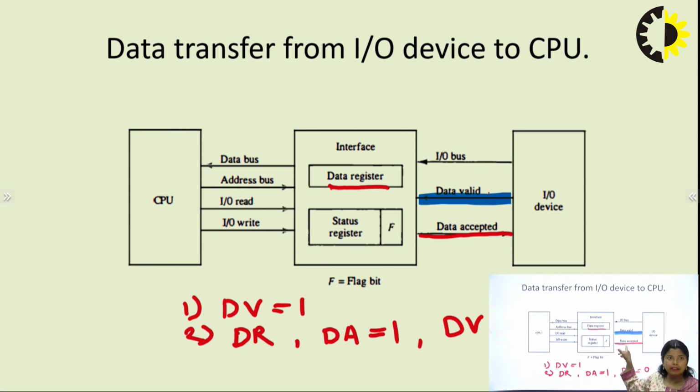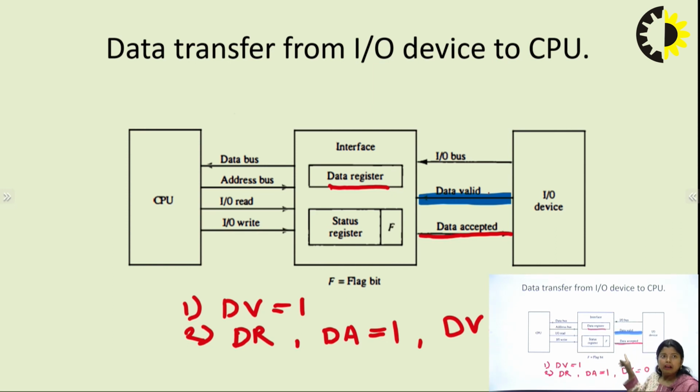The data accepted line will stay enabled until your data is transmitted to the memory and an acknowledge is passed. After that, DA will be 0. For the complete duration, DA will be 1.